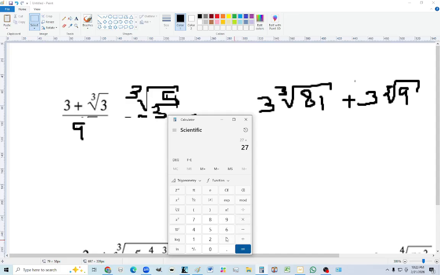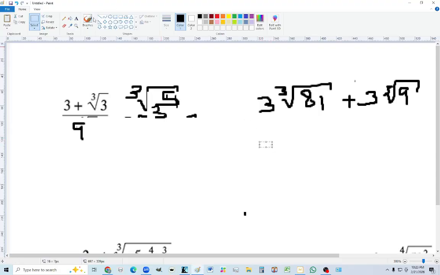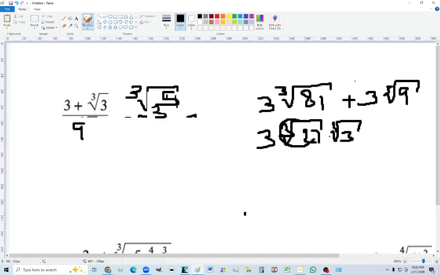And 27 times 3 is that, 81. So this also can be replaced as 3 cube root of 27 times cube root of 3. This cube root has an answer of 3. 3 times 3 is 9. So this here can be replaced as 9 cube root of 3.